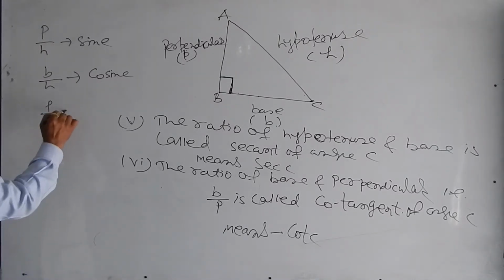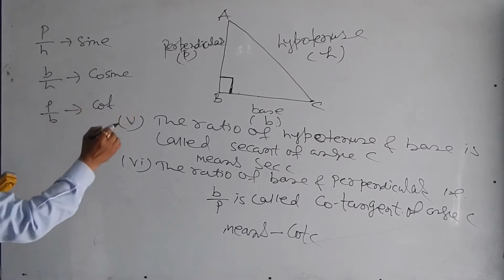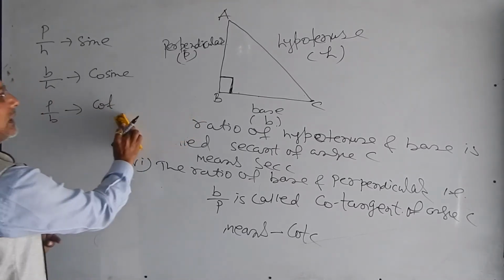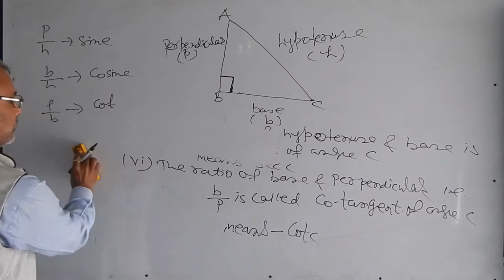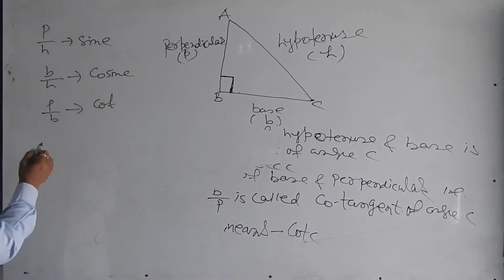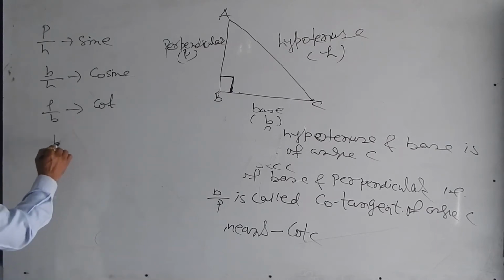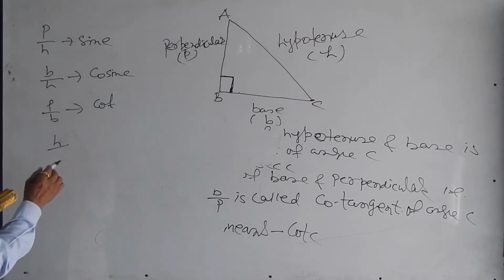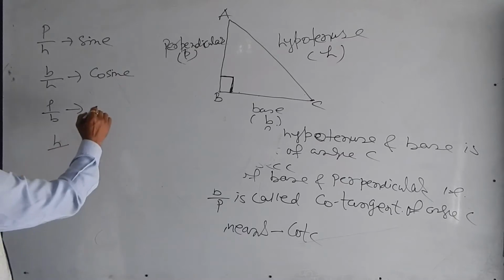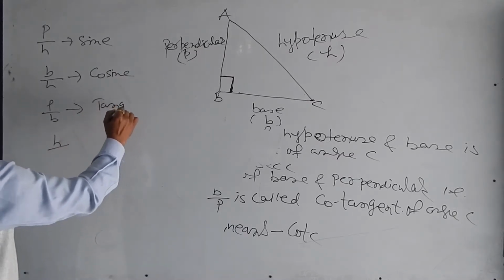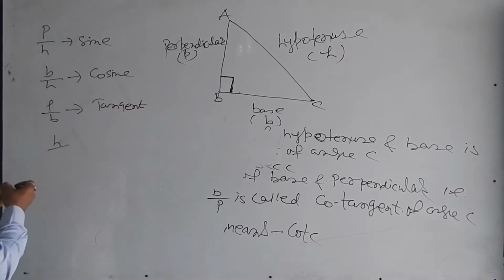P by B means cot, and just opposite, tangent.